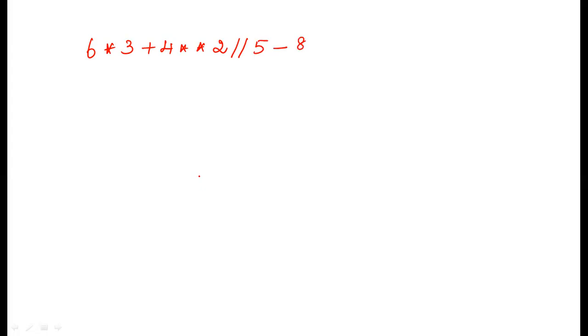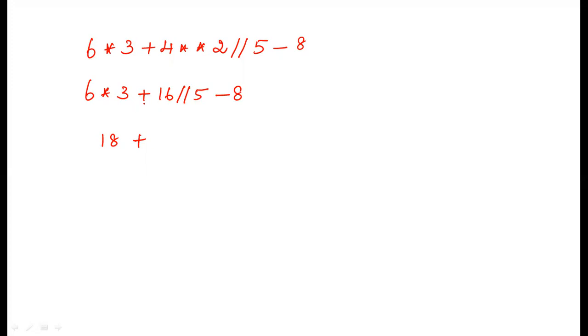So how we are going to evaluate? Among all the operators, exponent has the highest precedence. So 6 into 3 plus 4 power 2 is 16, floor division 5 minus 8. So next you have to work with left to right associativity. So 6 into 3 is 18 plus 16 floor division 5. Here we have plus and minus also, and we have multiplication and floor division.